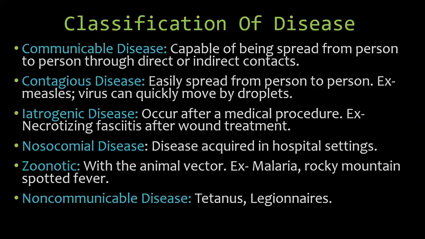Classification of diseases. How many different types of diseases are there? A communicable disease is capable of being spread from person to person through direct or indirect contact. What is direct contact? Let's say it's coronavirus at this moment, COVID-19, that's the name of the disease.